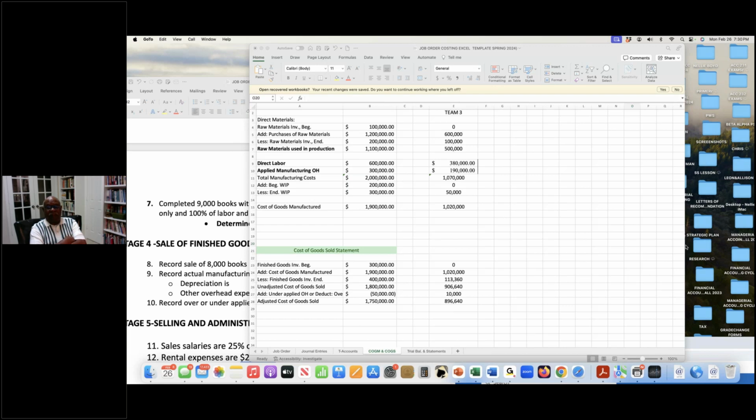Do you have this Excel sheet posted? It should be posted. There should be a spring template in there. Will we be able to resubmit this one or no? Yes, if your team is going to get together and do it.